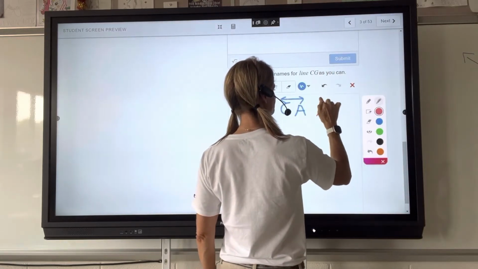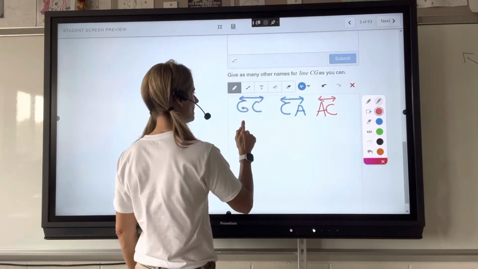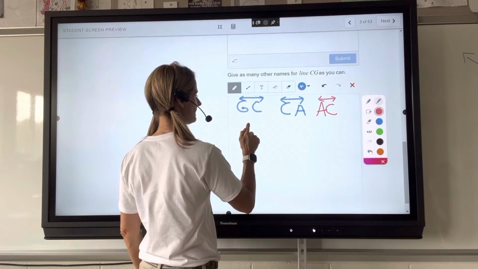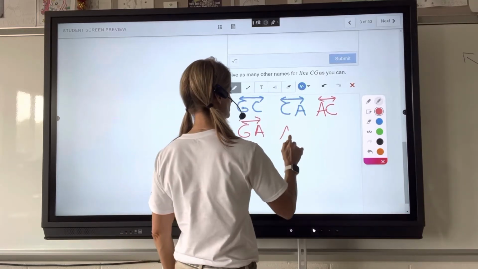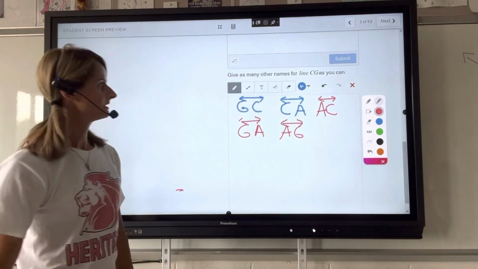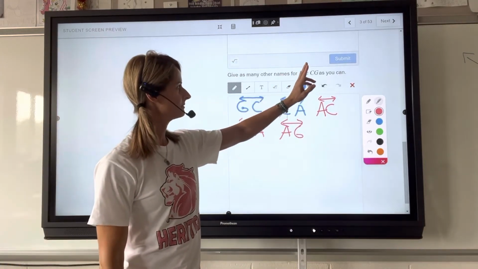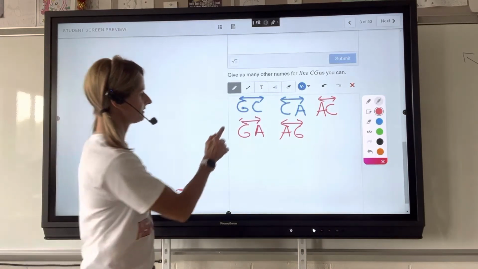AC. And the other letter was G, right? Yeah. Okay, so GA and AG. Did I leave anything out? No. They named line CG for us, and we use the notation, and that's an arrow.